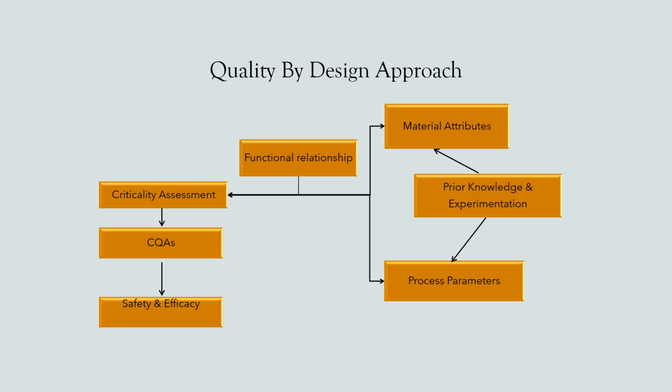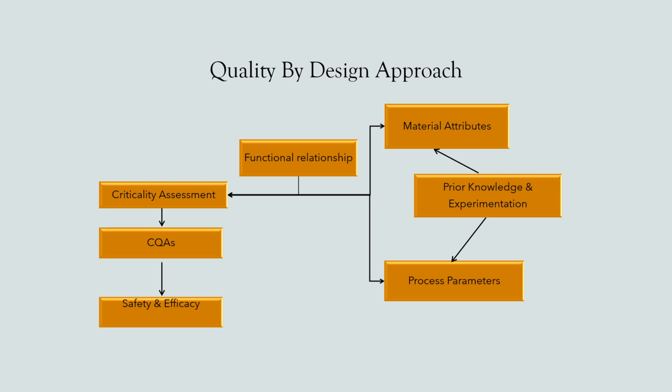What this includes is identifying, through prior knowledge, experimentation and risk assessments, the material attributes and the process parameters that can have an effect on your critical quality attributes. So you really need to determine the functional relationships between your materials and your process.